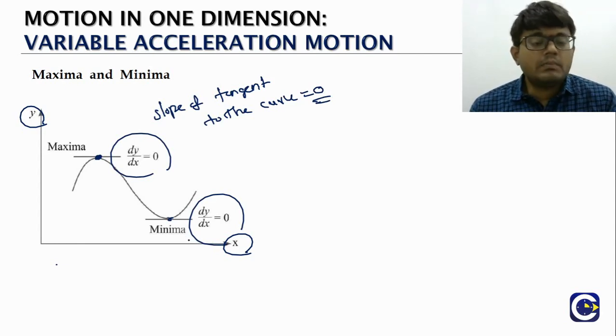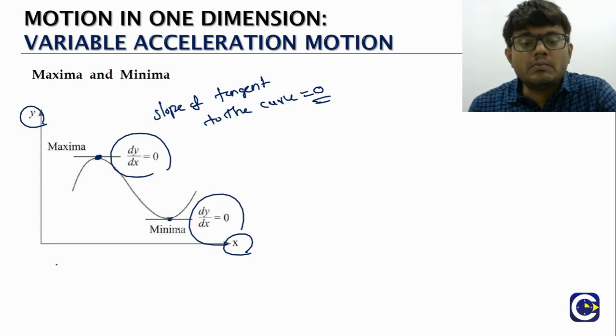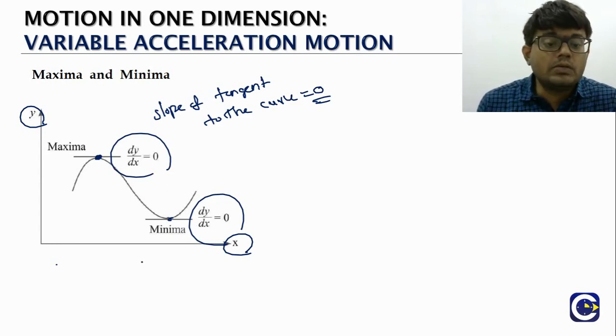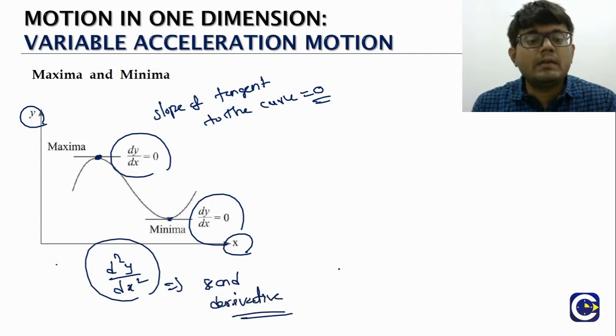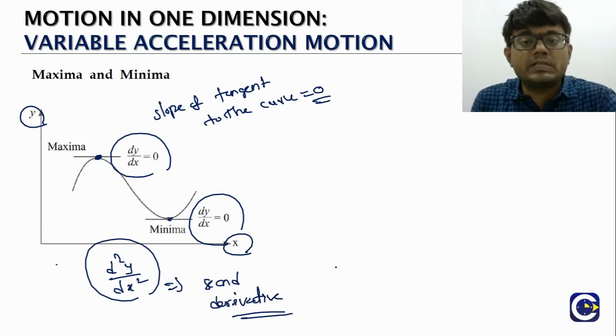Okay, but how do we conclude which is the maximum location, which is the minimum location? That we will be able to conclude by using the second derivative, d square y by dx square. This is also what we call the second derivative. So second derivative will help us to identify which is the maximum position, which is the minimum position.